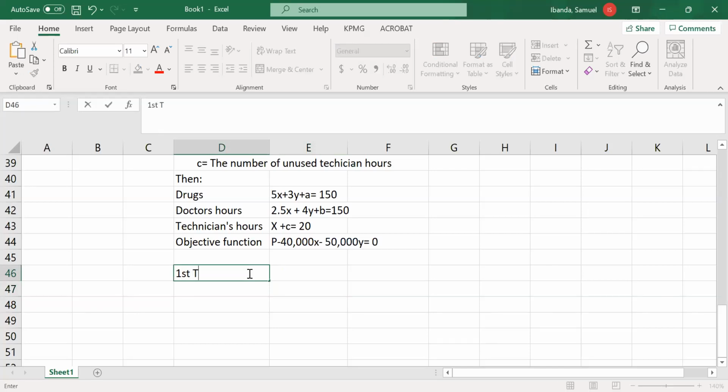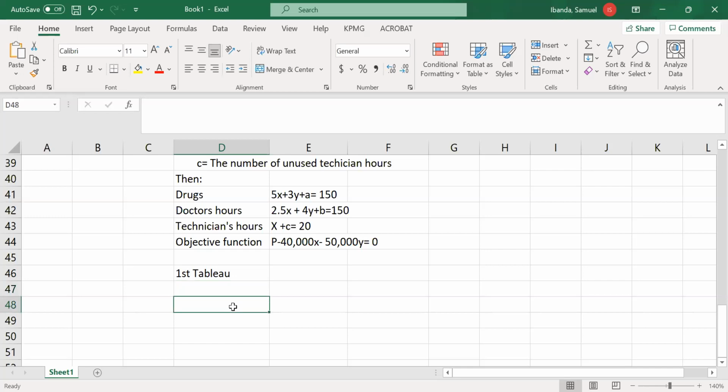So first tableau, you can call it a table, okay? But we call it tableau. So we usually have variables.